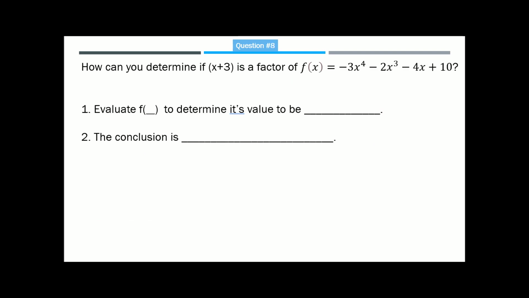Question number 8. How can you determine if x plus 3 is a factor of f of x equals negative 3x to the 4th minus 2x cubed minus 4x plus 10? So what we do is we're evaluating, if we set this equal to 0, we're evaluating f of negative 3.